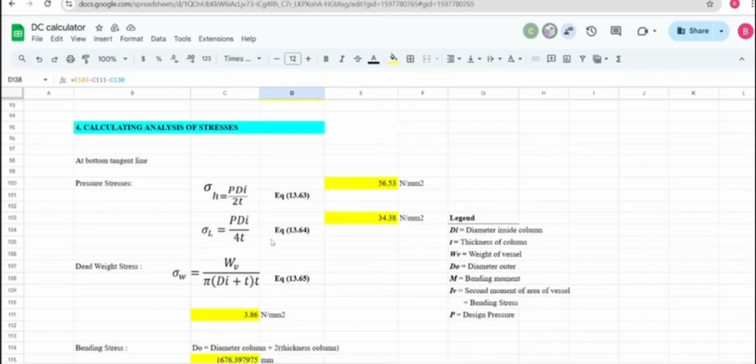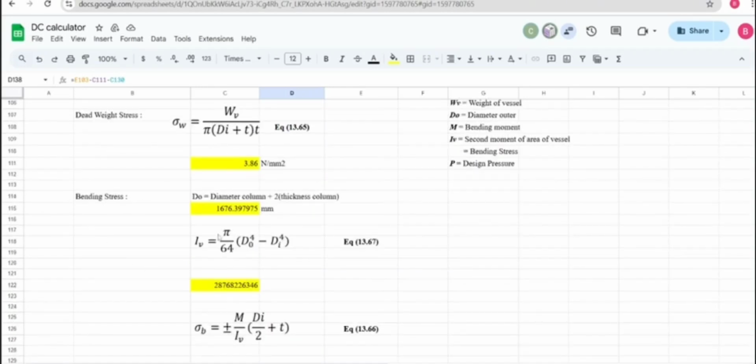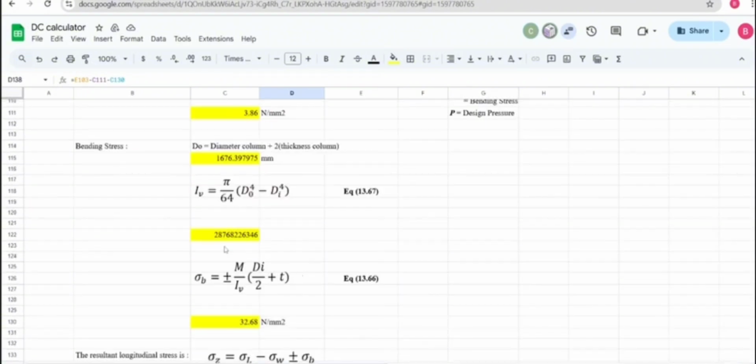After that, you are also required to calculate the analysis of stress. These include the pressure stress, sigma H, sigma L, using this equation, the dead weight stress using this equation, the bending stress using this equation, and also this equation.